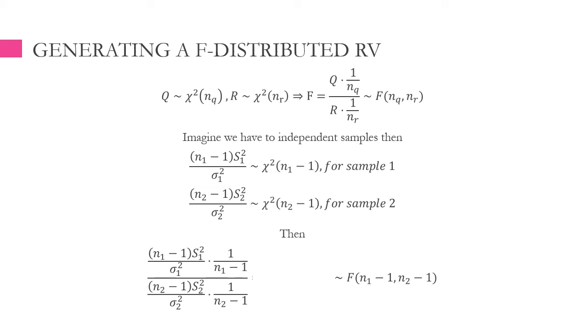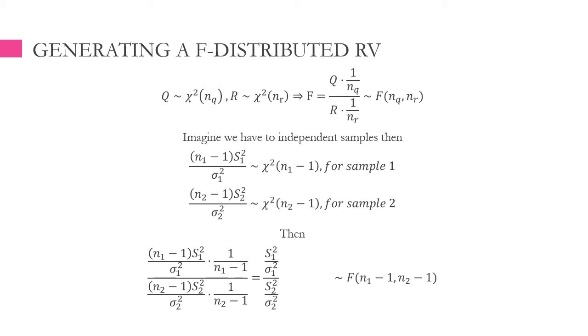So all we're doing is taking the chi-squared for one sample, dividing by the chi-squared for another sample, and then doing some manipulation, and that's equal to S squared 1 over sigma squared 1 divided by S squared 2 over sigma squared 2.